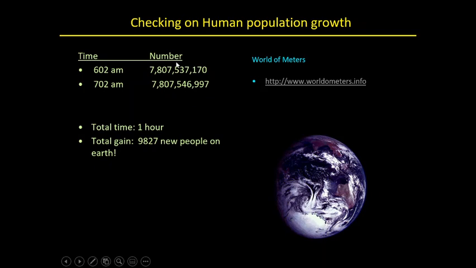If you look at the delta between those two numbers, that's a difference of 9,827 new people on Earth within 1 hour, which I think is an impressive amount of fecundity for our planet, and also illustrates that we are still a long way off from hitting our peak on population growth.